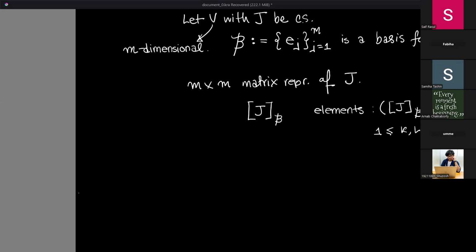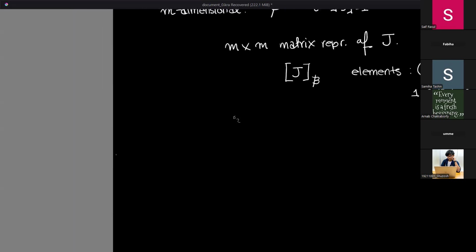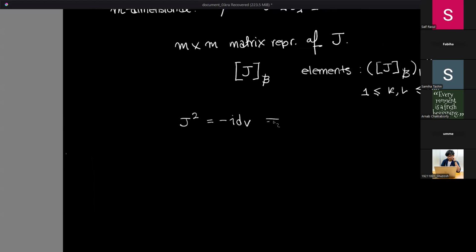The first thing to note is that since J squared is equal to the negative identity on V, that means the square of the matrix representation will have to carry the analogous equation. J squared in the basis curly B is minus the identity matrix, the M by M identity matrix.